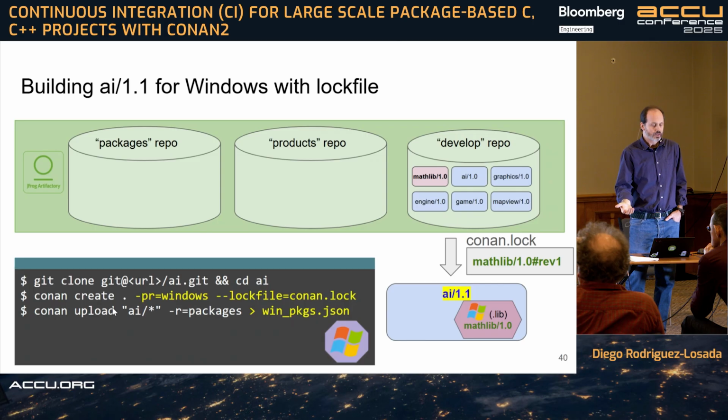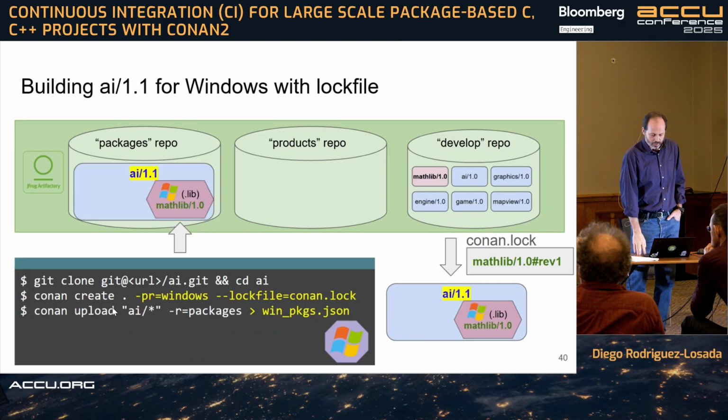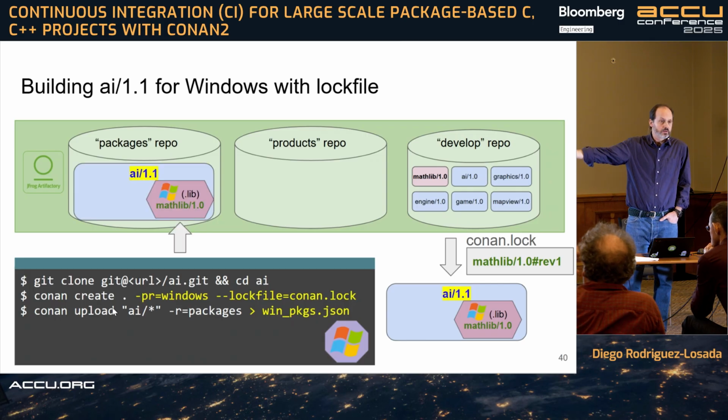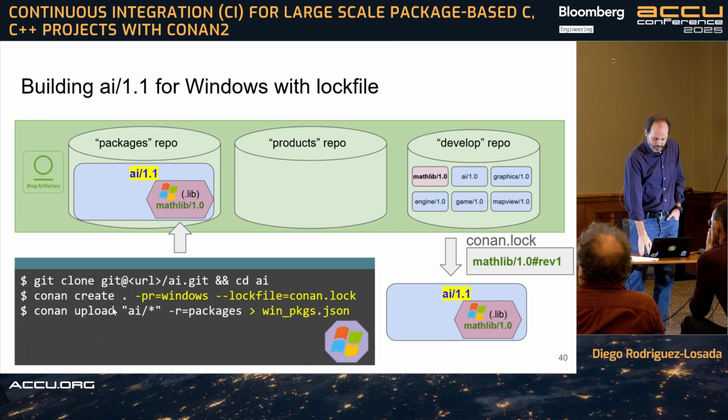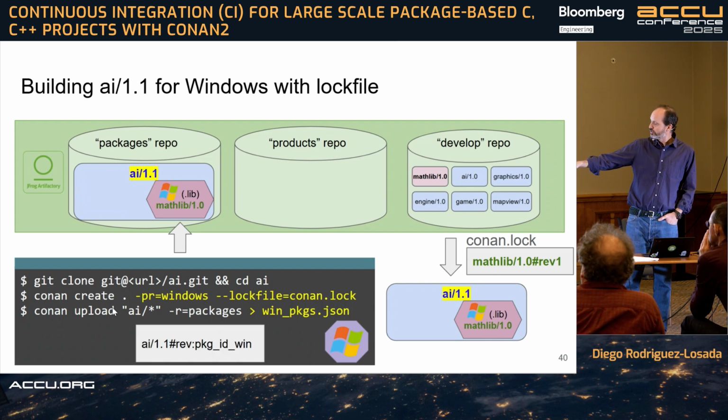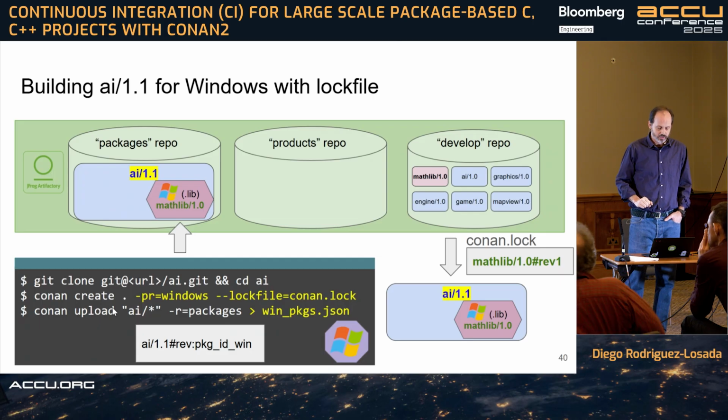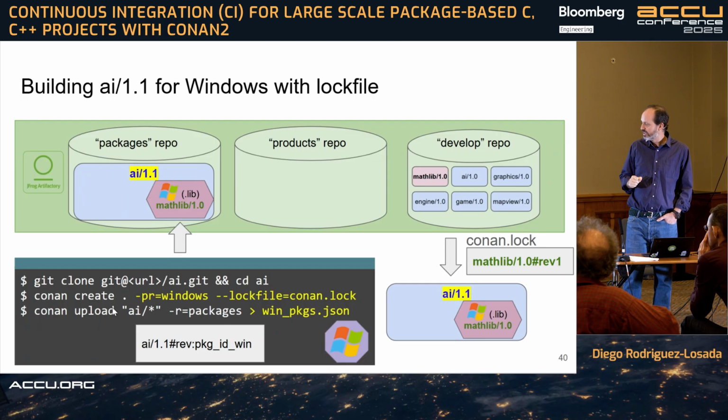My binary is using MATLAB 1.0 only. And when I upload the binary, of course, it will be MATLAB 1.0. By the way, it will also create this process here. When you upload those packages, you can also create a manifest of the things that have been uploaded to the server. I will explain later why this is useful, right?